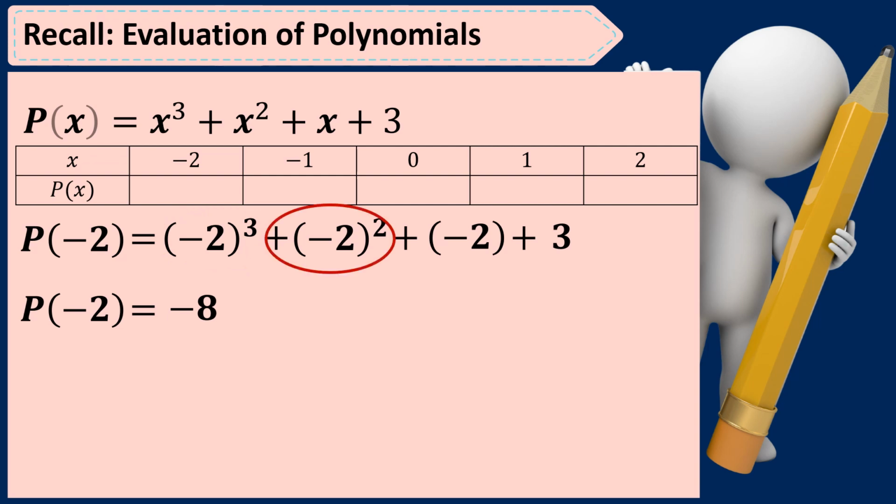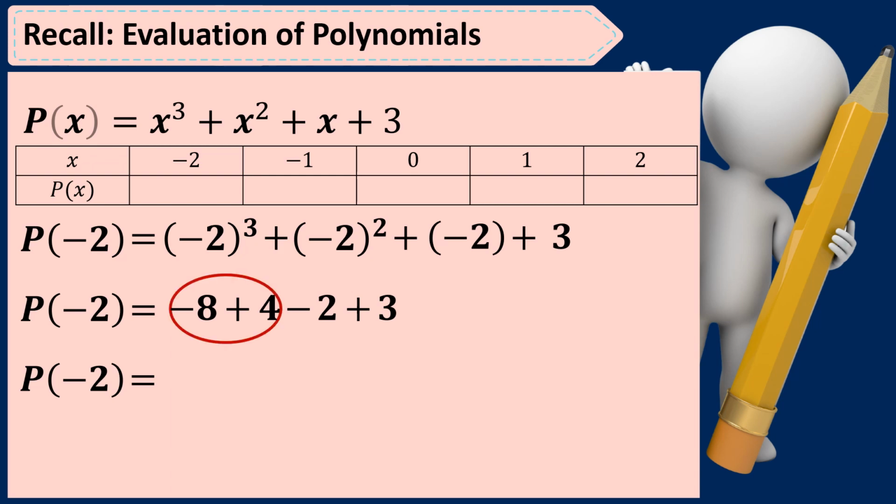We simplify plus the square of -2, that is equal to +4. Simplify plus -2, that is written as -2. Then we copy plus 3.